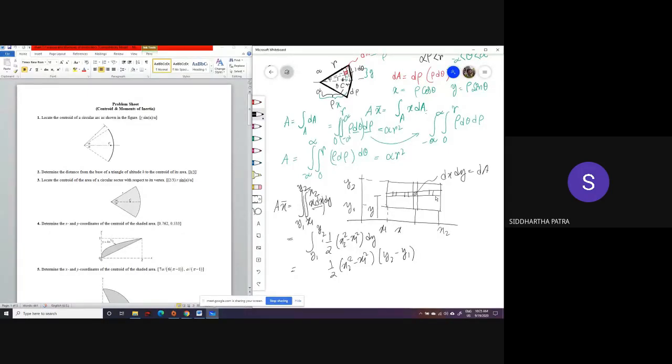Now I can also write it as the integration from x1 to x2, integration from y1 to y2, of x dy dx.